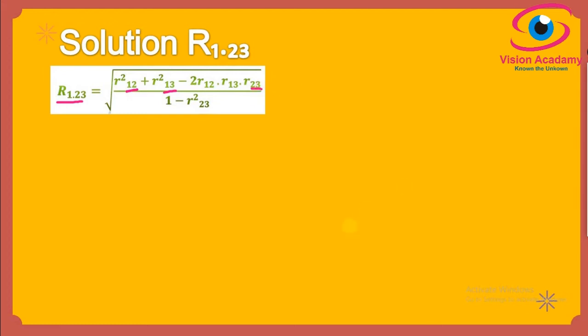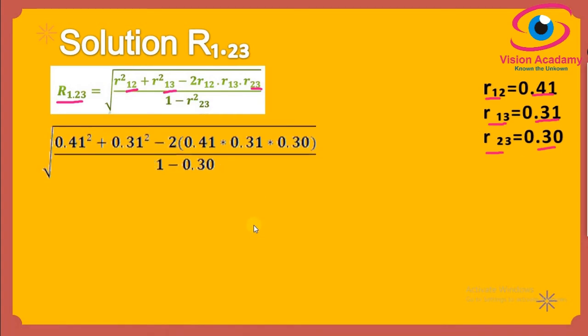In my first lecture on multiple correlation, I explained how to find R12, R13 and R23, which are zero order correlations, and how to derive them using the formula. Here they are given directly: R12 is equal to 0.41, R13 is equal to 0.31, R23 is equal to 0.30. Let us replace the given elements into the formula.